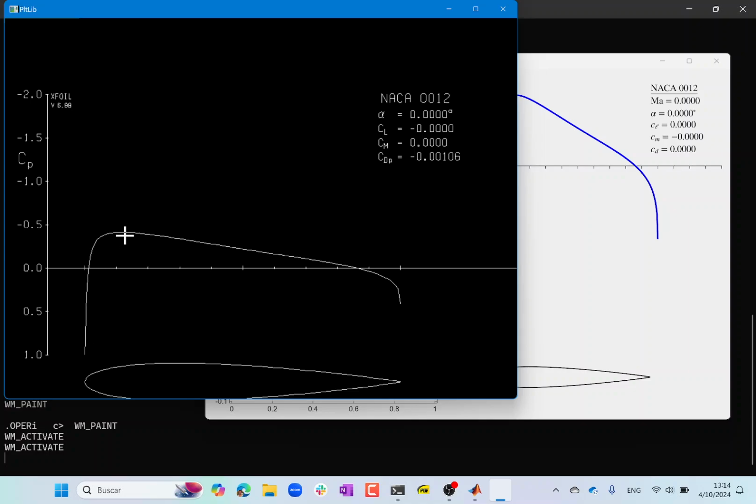And the minimum pressure is slightly more than minus 0.5. Again, a 0 pressure coefficient means velocity the same as free stream. So can somebody do a little calculation in their mind using Bernoulli's and tell me a pressure coefficient of minus 0.5 is a velocity how many times the free stream?